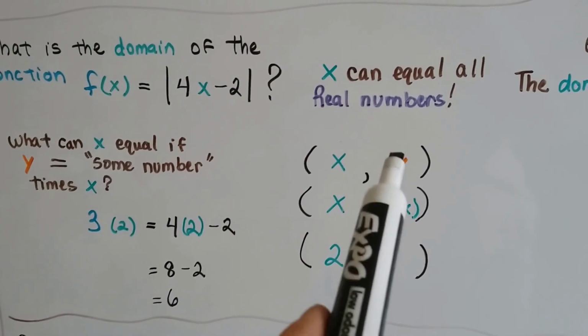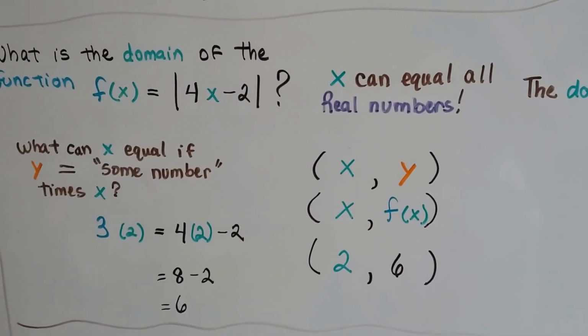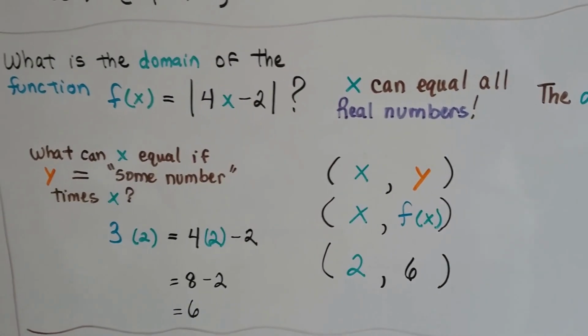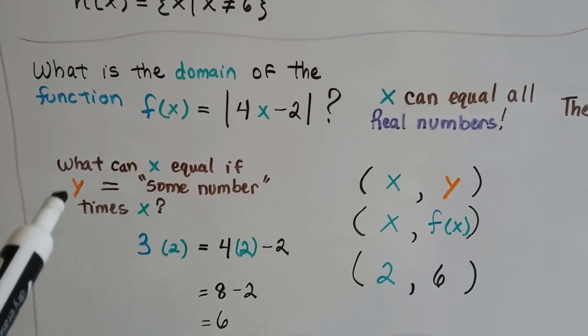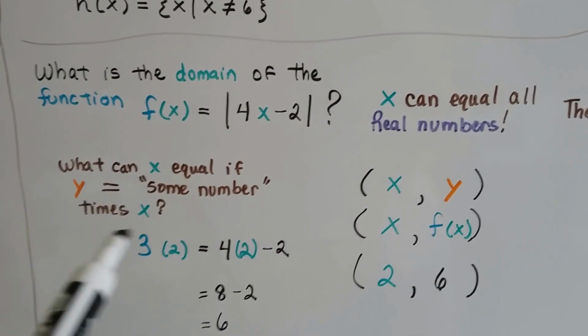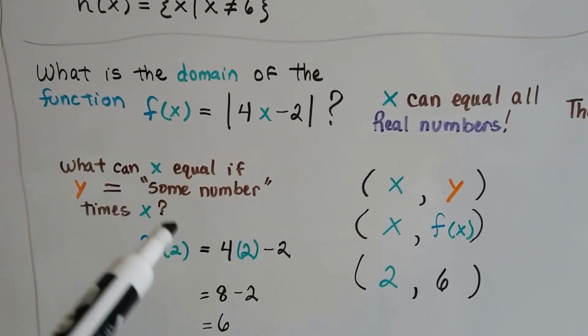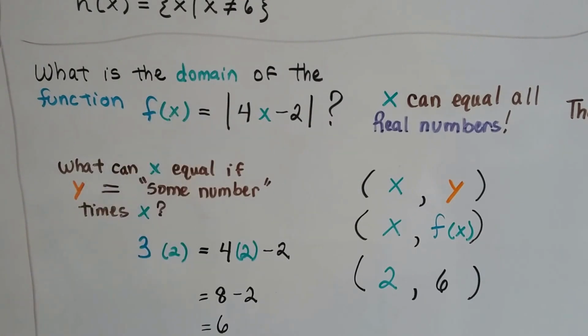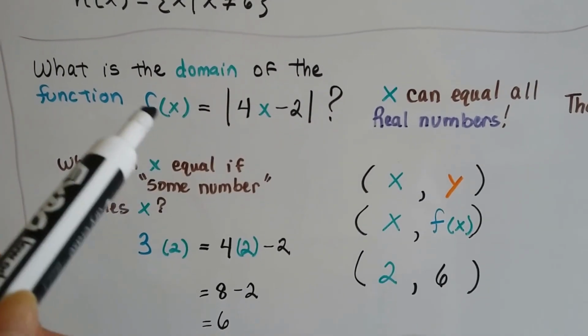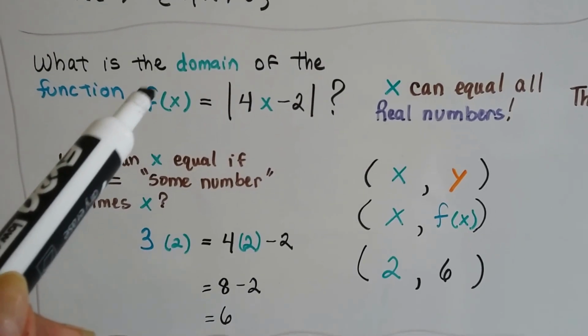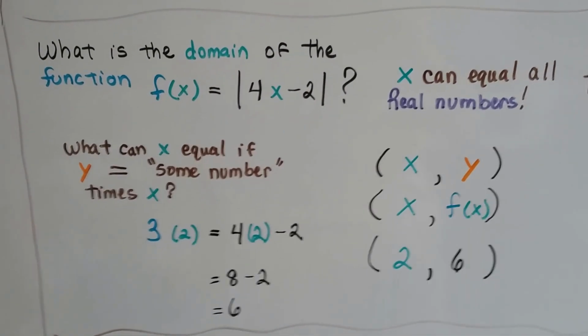This function of x is basically the y, see? So what number could y be times some number that x is that would fit in here? See? What can x equal if y is some number times x?